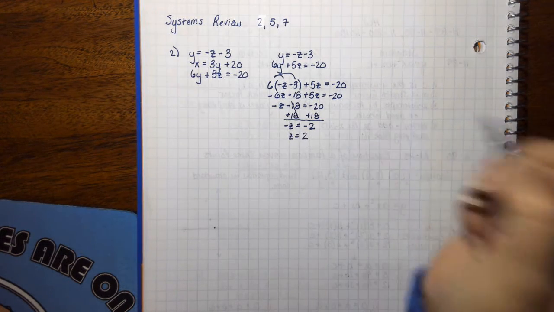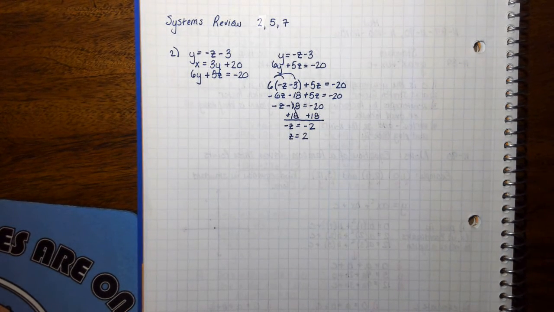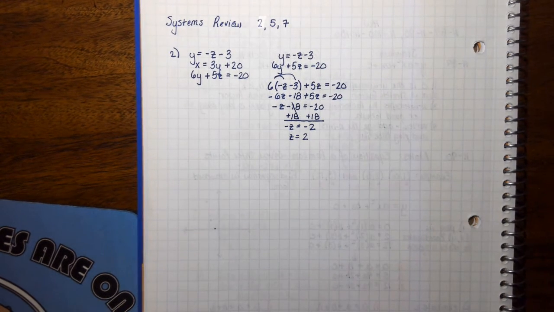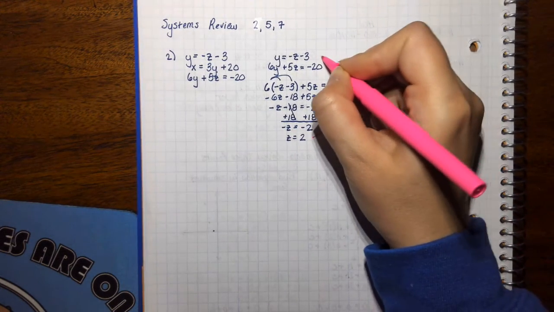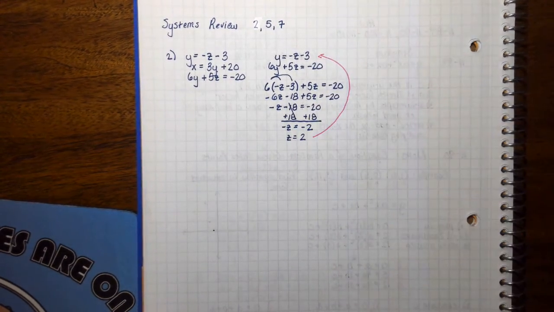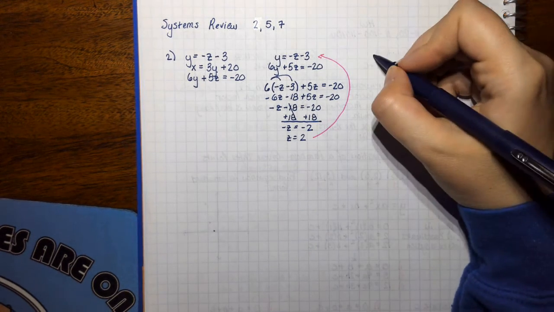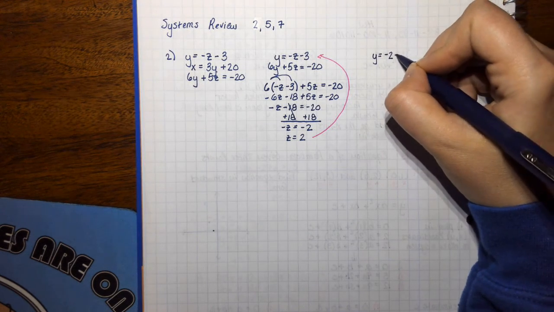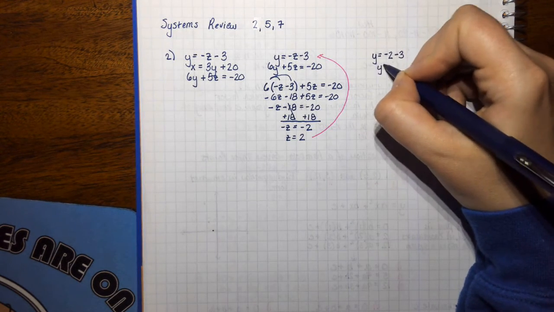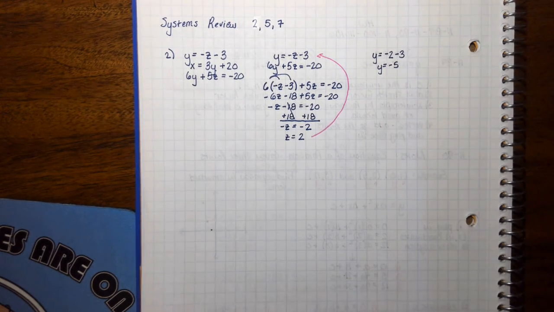Z equals 2. Alright, excellent. So we have z. If you notice, I can go right back up to equation 1 and plug z in to get y. So y equals negative z minus 3, so negative 2 minus 3, y equals negative 5.